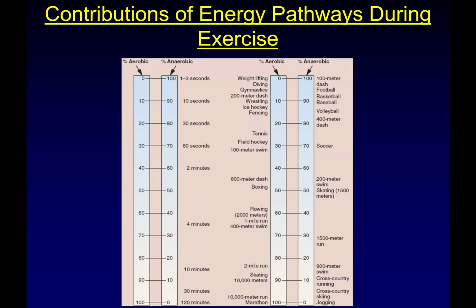The reason that we say things like weightlifting or the 100-meter dash or gymnastics are high intensity and short is that's all you've got the energy to do. So you've got to consider both of those things.